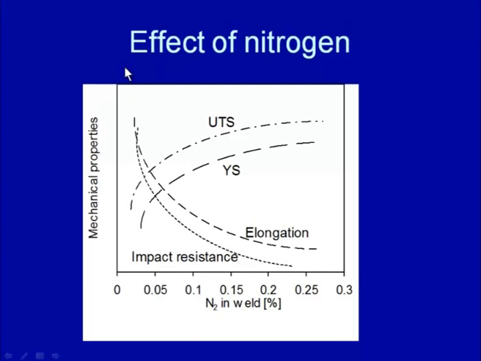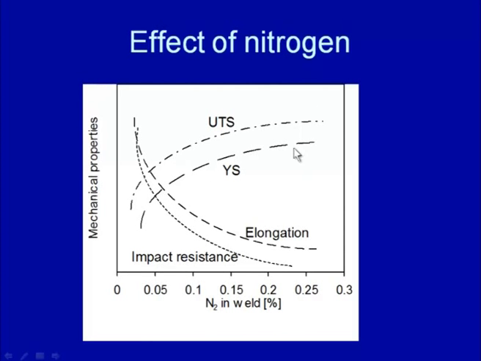If nitrogen is increased in the weldment because of atmospheric contamination, ranging from very small magnitude to a higher level, then it adversely affects the impact resistance and the elongation, while the tensile strength and the yield strength increase.